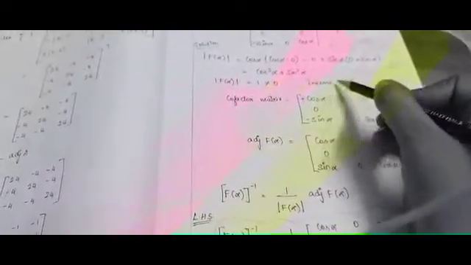Instead of theta, here it is alpha, but the value is the same. So cos square alpha plus sin square alpha equals 1. You got the answer 1. So my determinant of f of alpha is 1. That is not equal to 0. Therefore, my inverse exists. As soon as my inverse exists, what I'm supposed to find out next is adjoint of f of alpha.